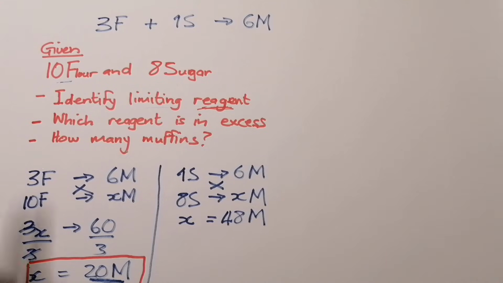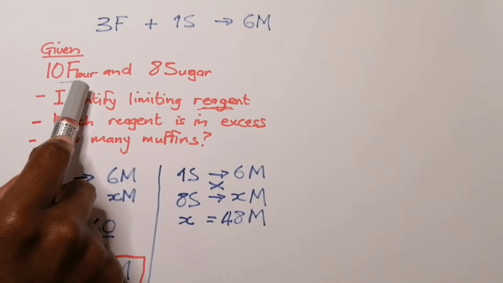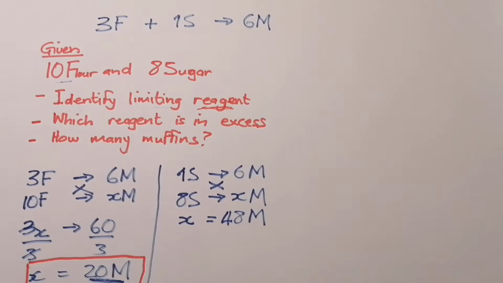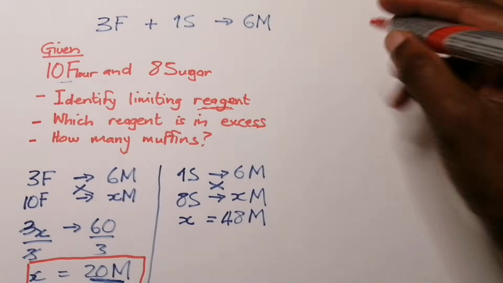So look at this. Even though you had more flour, because you are using so much of it, you find that it limits the reaction. Okay? That's not the point though. Sugar could have easily done it. But in this case, what will limit the extent of the reaction? It's going to be the amount of flour.